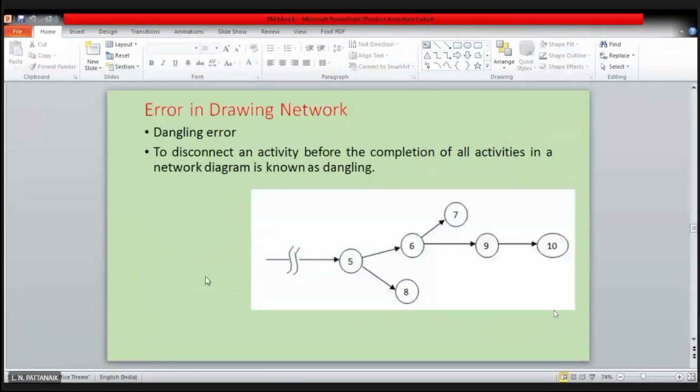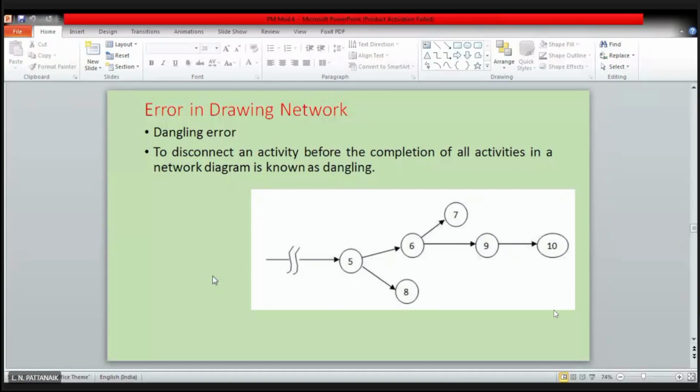Okay. Now the errors in drawing networks. What are the possible errors that one is likely to make while drawing networks for the first time? If you know them, you will avoid them the first time. That's called the dangling error, right? Just now I told you there should not be any event or node dangling out of the network, as you can see in this figure. Look at nodes 7 and 8. They seem to be dangling out of this network diagram.